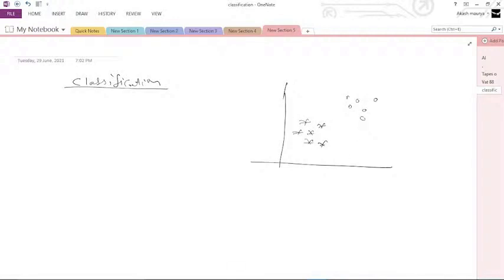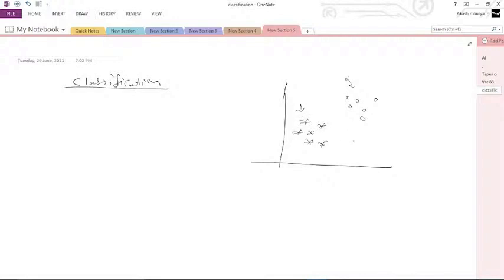By looking at this with the eye, we can simply say that this one is one class, and this can be another class. Based on similarity and dissimilarity, they belong to some class, and the other data belongs to another class. So we need to find some rule so that we can classify them into one of the classes.